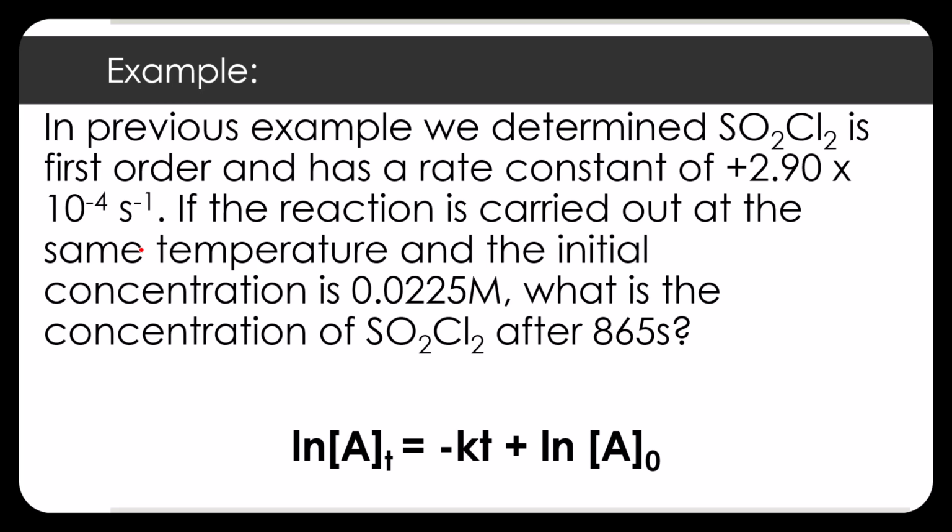If this reaction is carried out at the same temperature, and the initial concentration is 0.0225, what would the concentration be after 865 seconds? So we're going to use this equation for our first order reaction. We're going to use the information given to us, and we're going to be able to calculate what the concentration is after 865 seconds.